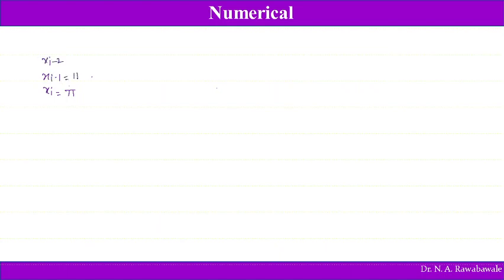So pi minus pi by 8, that is 8 minus 1, 7 pi by 8, that is xi minus 1. Then 7 pi by 8 minus again pi by 8 is going to be 6 pi by 8.